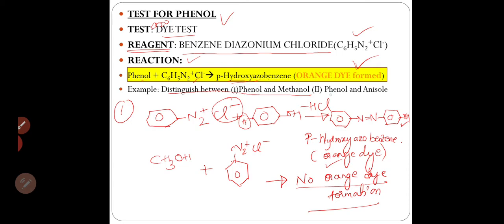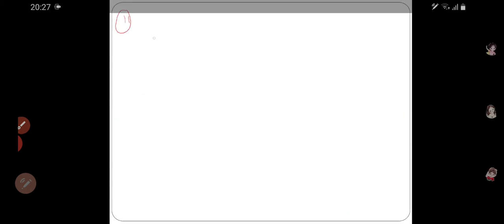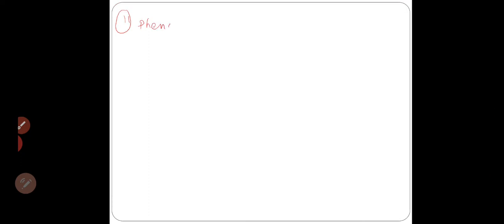Now next is phenol and anisole. What is phenol? Phenol and anisole. Phenol, again, you can do this azo dye test, so the azo dye test for both. Anisole means a benzene ring, then OCH3. Methoxybenzene, the common name is anisole.